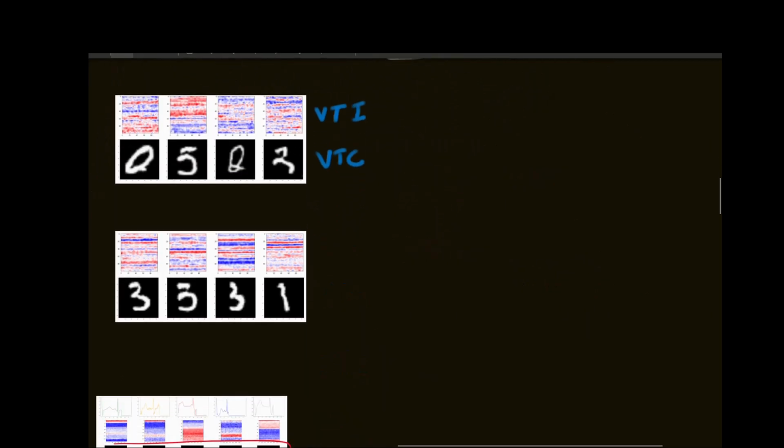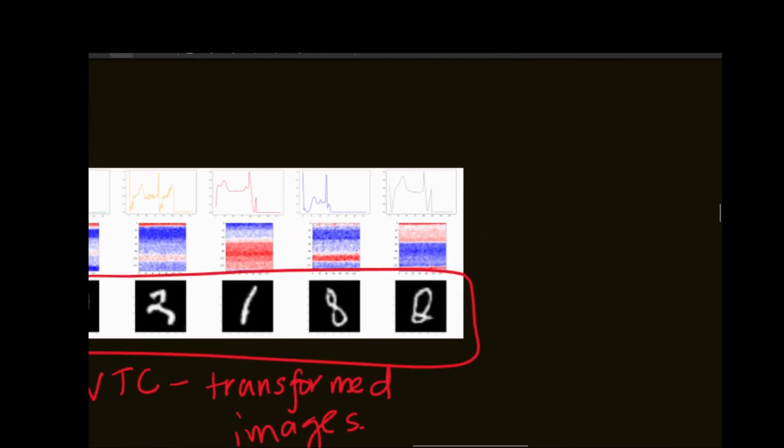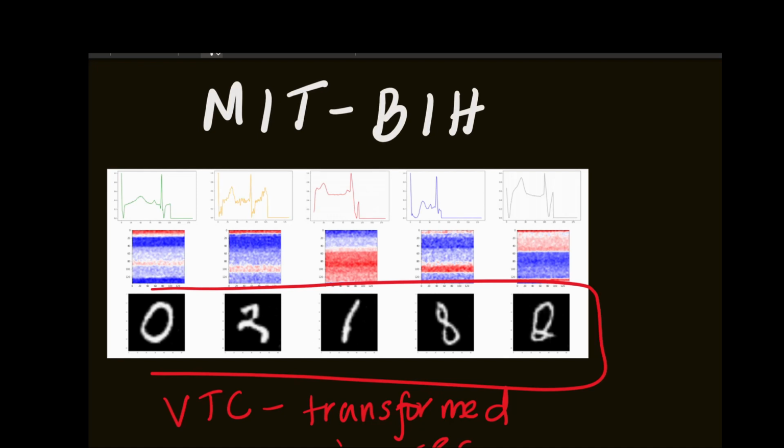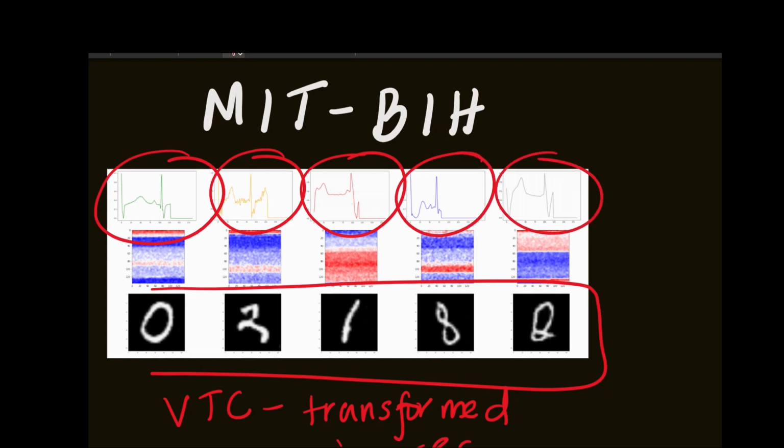The last example I want to show is illustrated well in the paper. This is the MIT Beth Israel Hospital dataset for arrhythmia. These are 5 different types of heartbeats, and the first one is normal.